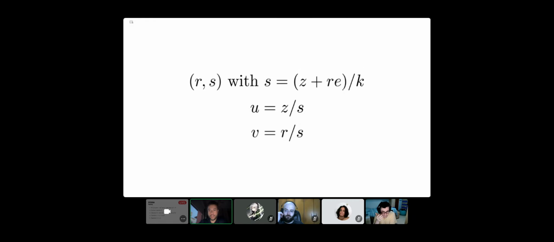Also, I know that in the process, there were numbers U and V produced, and they were produced in such a manner. U is obvious because I know Z and I know S, so I can recover U as the validator.